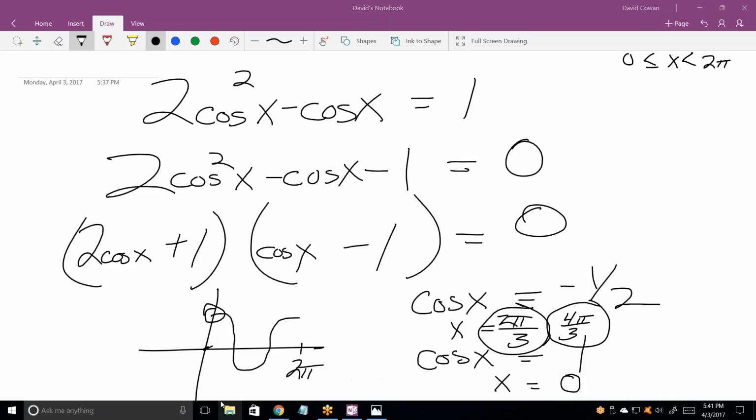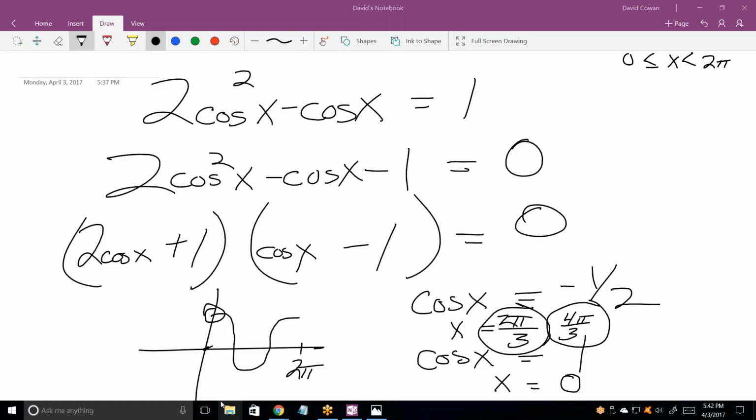But notice this domain has a less than 2 pi, not a less than or equal to 2 pi. So we can come up with 0 as an answer, but not 2 pi. So 0 is the only place in the unit circle where cosine of 0 equals 1.